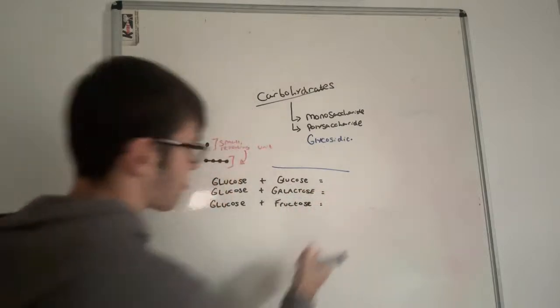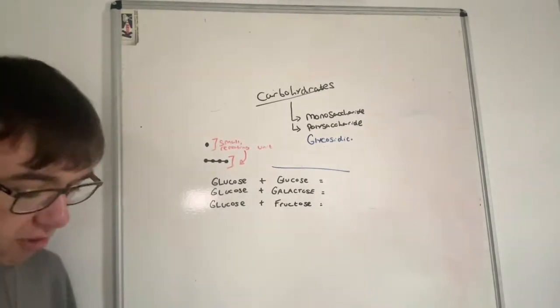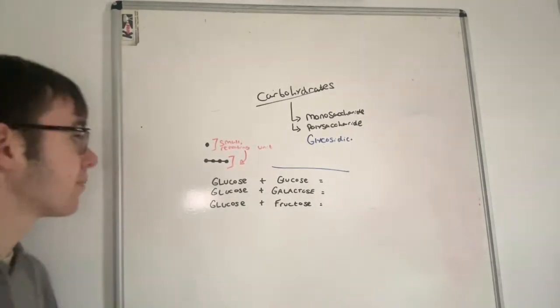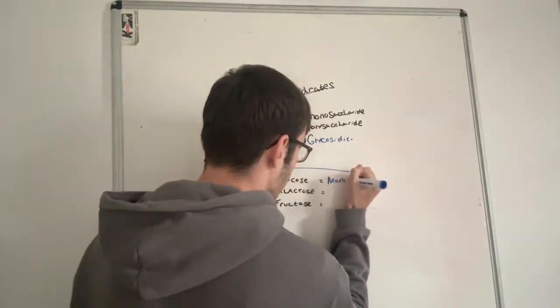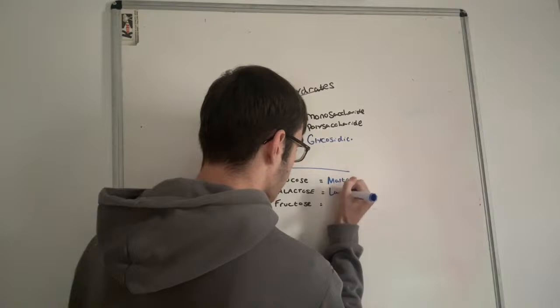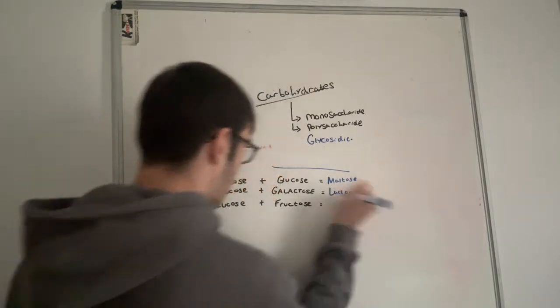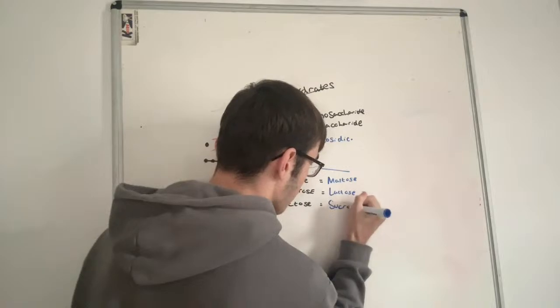Actually, it's been a while since I've done this, so I could be wrong. I get these mixed up a lot more than you would think. So glucose and glucose, I'm pretty sure is maltose. Glucose and galactose is lactose. And glucose and fructose is sucrose.